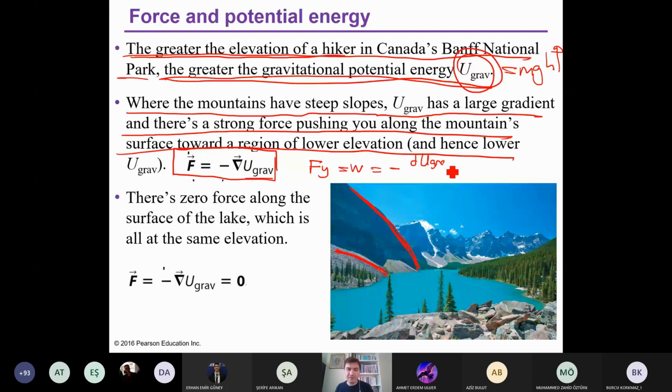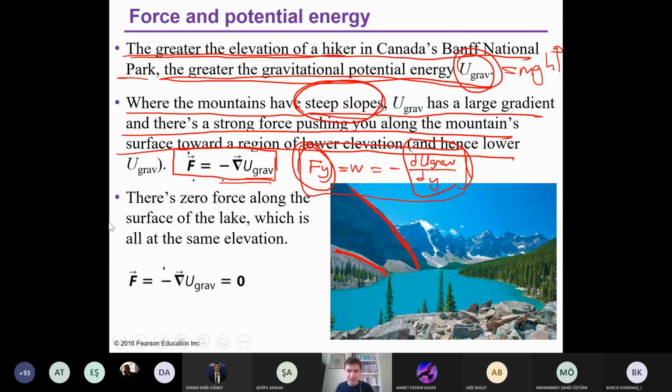Here we have only gravitational force and it is along the y-axis, okay? So what we say here, if we have steep slopes, then this number is huge and the force is huge, okay? There is zero force along the surface of the lake.